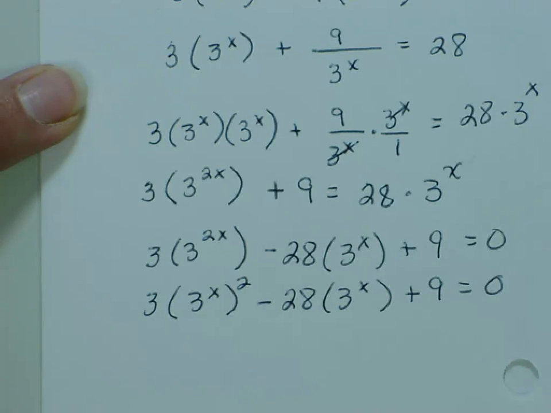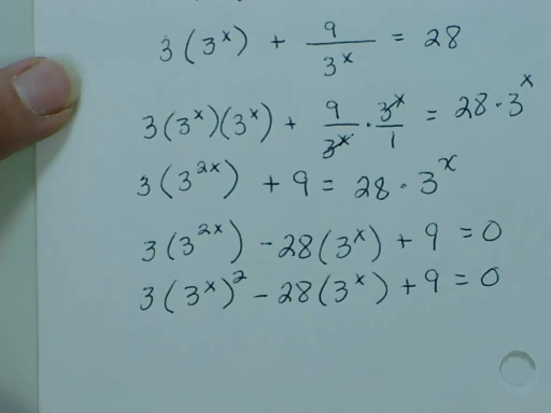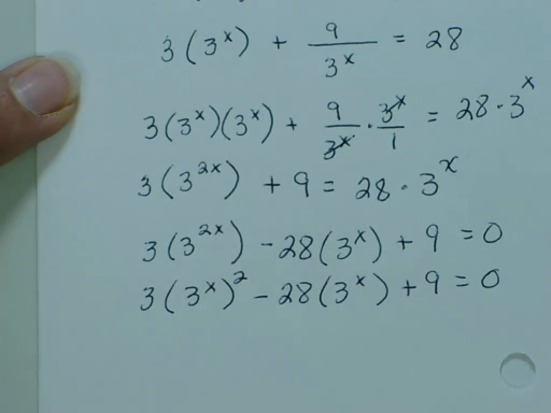That looks just like a quadratic equation, except for instead of having a plain old x, I have a 3 to the x. And Mr. Luke, on a similar problem, I think you've suggested before that we just use substitution.